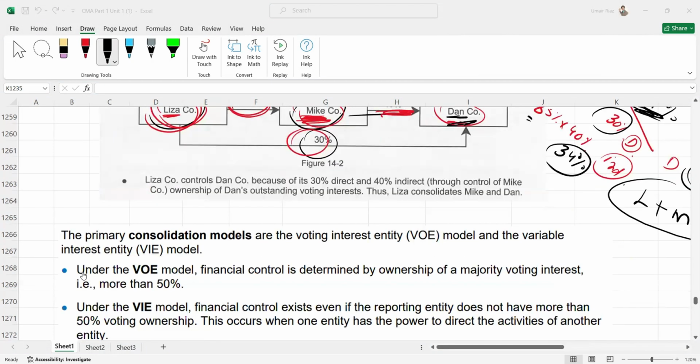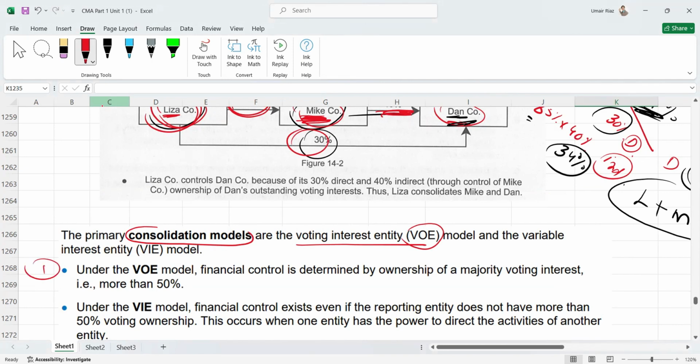Please remember we have two consolidation models. Consolidation model means when you can do the consolidation. The first model is called the voting interest entity model, VOE. If the voting interest entity model applies, it means consolidation is required. So what is the voting interest entity model? I'm explaining the first model.